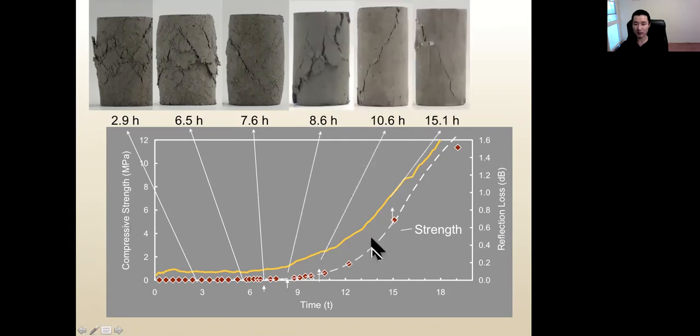One curve is based on the strength of concrete, but when the strength of concrete is very low, using a compressive machine, we cannot tell the strength at very early age. But we can do that using non-destructive testing methods such as ultrasound. The ultrasound method can monitor the strength at early age compared to the machine.